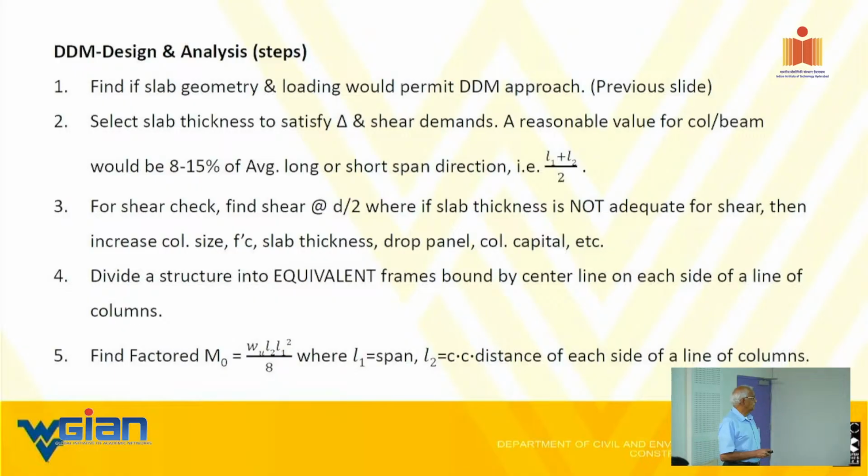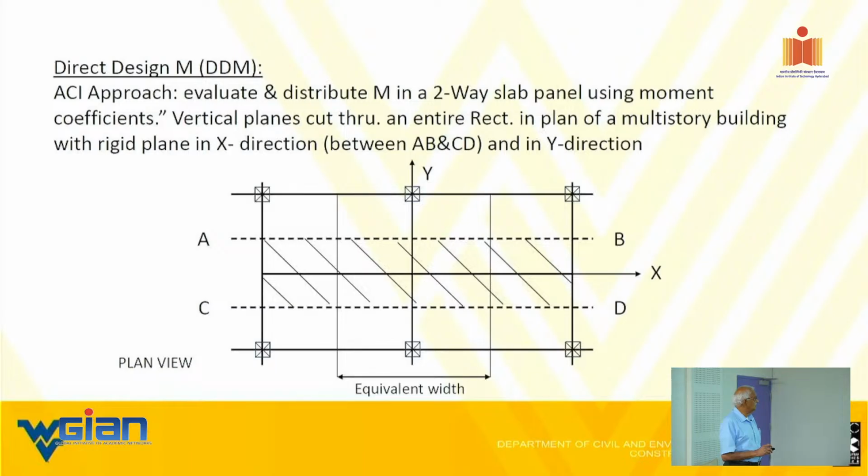So that is the moment we are going to keep working with. L1 is the span, L2 is the center to center distance between the columns. I'm going to show you that one more time. Okay, so this is the span length, for example. This is your L2.